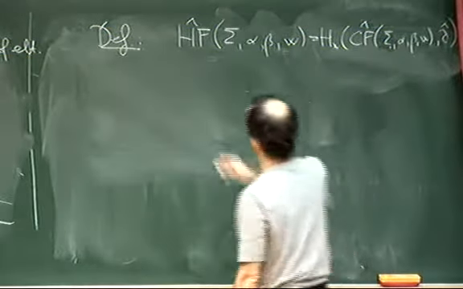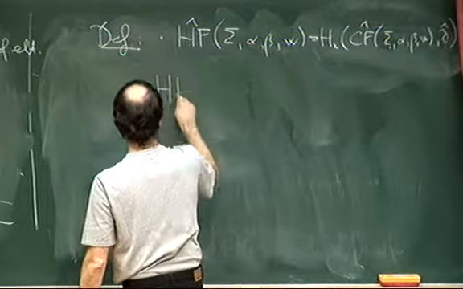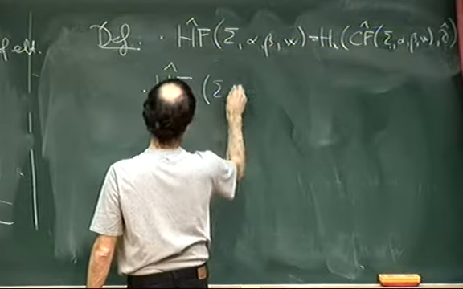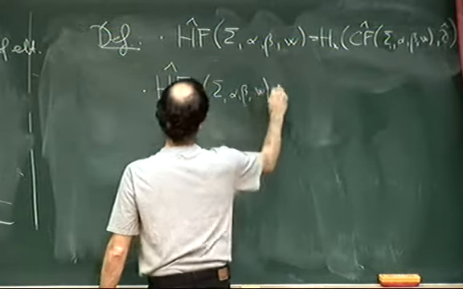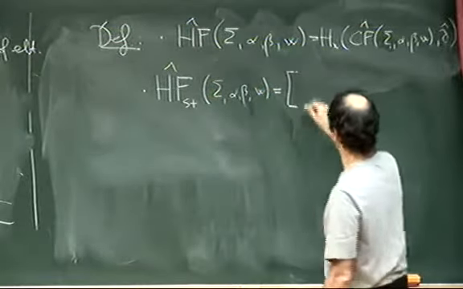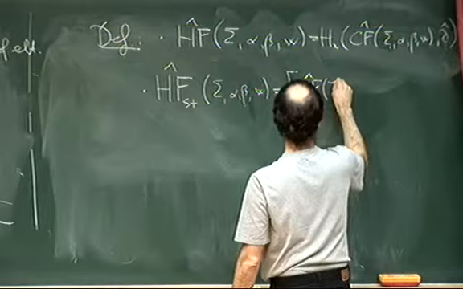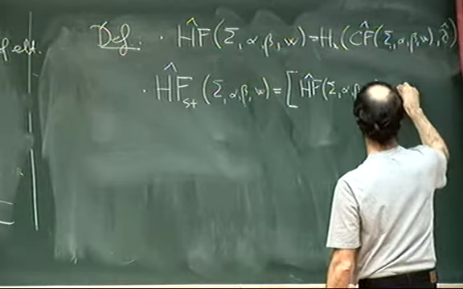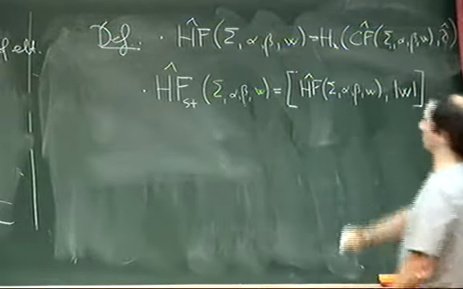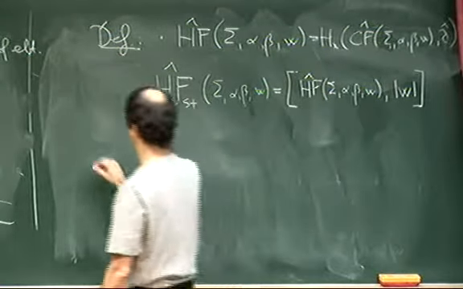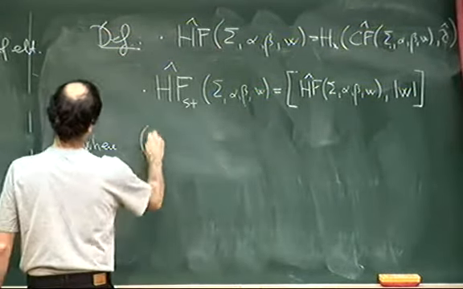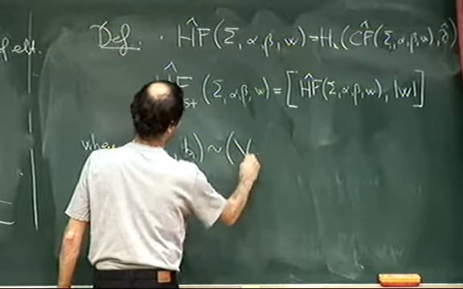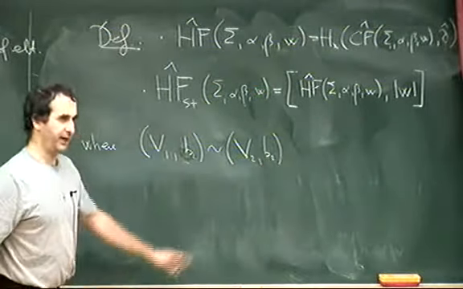We have to modify this definition a little bit, and I define HF hat stable of sigma, alpha, beta, w to be the equivalence class of the pair, a vector space and the number of base points, where a vector space and a number is said to be equivalent to another pair of a vector space and a number.